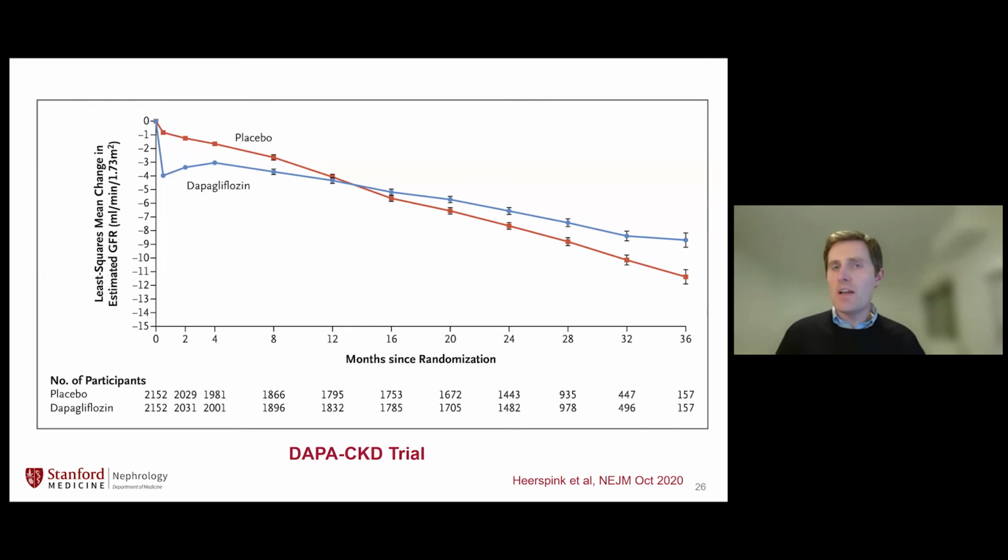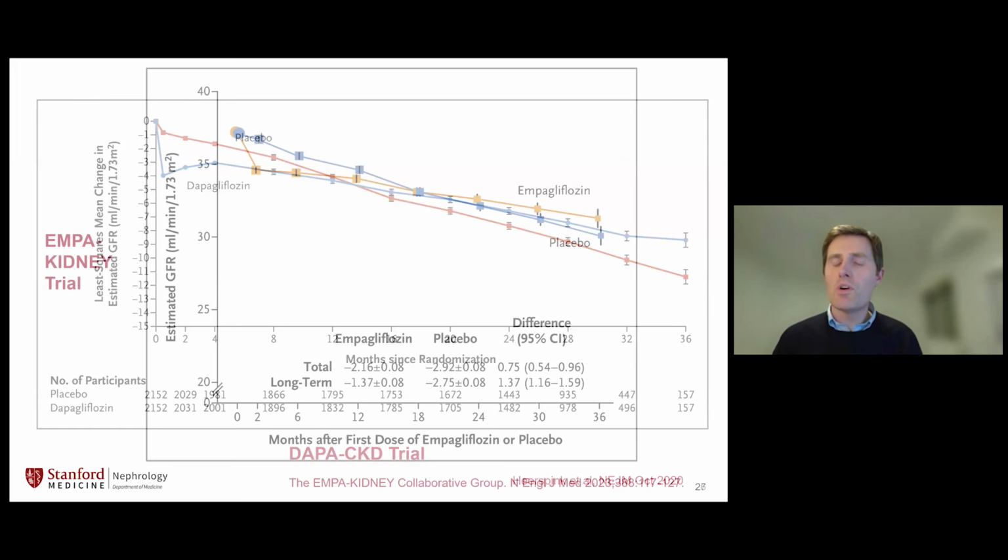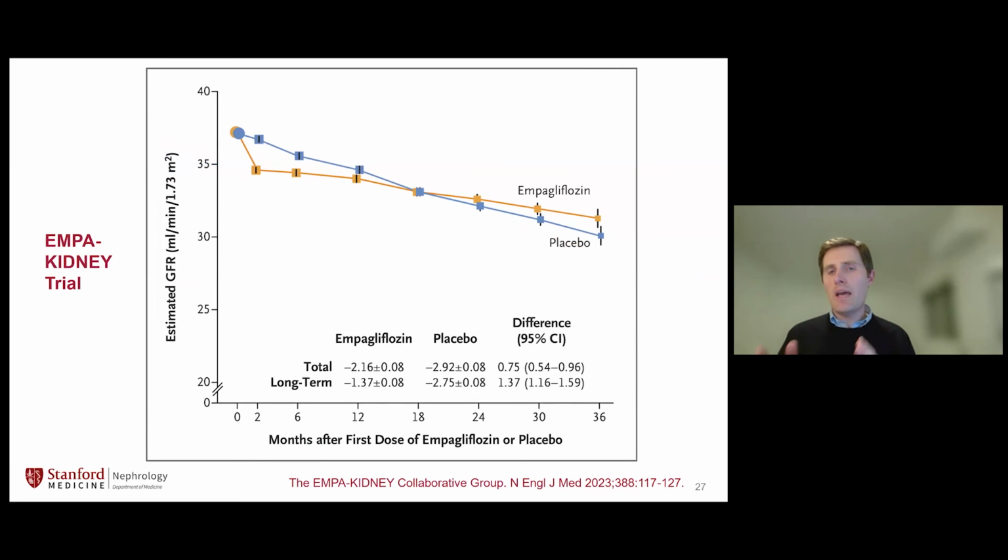You don't have to be diabetic. So then we thought, well, maybe it's more applicable to everybody. And then dapagliflozin or kidney came along, and it turns out you can see the shape of the curves look exactly the same. So all three of these drugs in this class called SGLT2 inhibitors have the same positive effect, slowing the rate of chronic kidney disease progression.